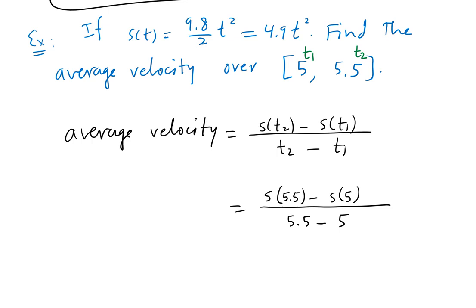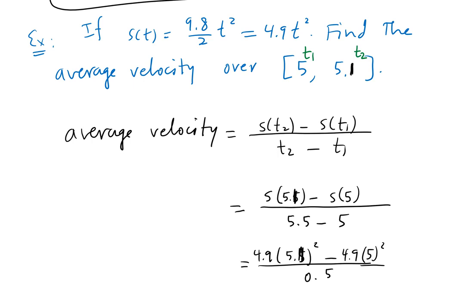How do I find s of 5.5? All you have to do is just substitute into the given formula: 4.9 times 5.5 squared minus 4.9 times 5 squared, over 0.5. Can I change the number instead of 5.5? Can I make it 5.1?